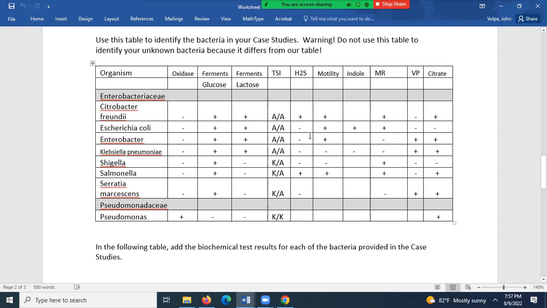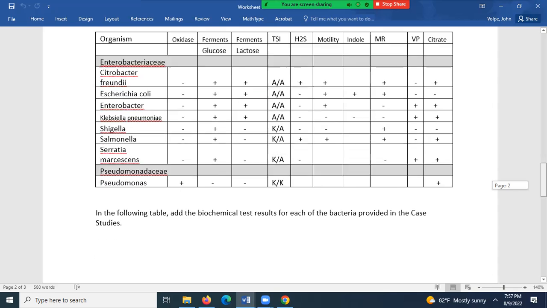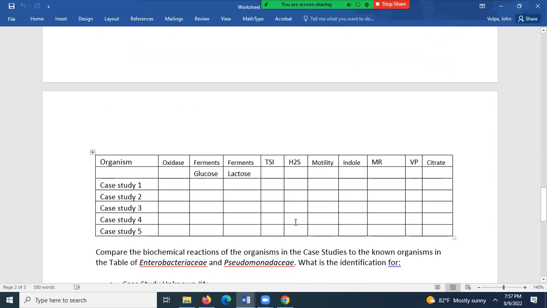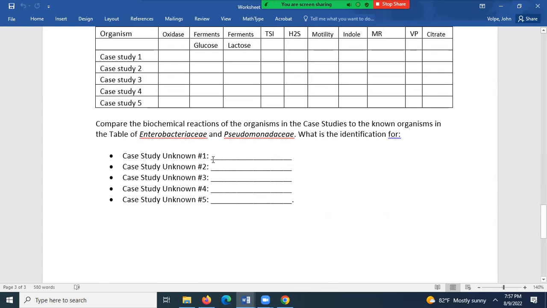So use this table to identify the bacteria causing each of these case studies, and then write down the species you believe is causing the infection in the case study. Any questions about any of that?